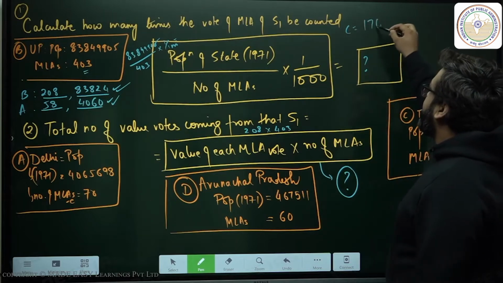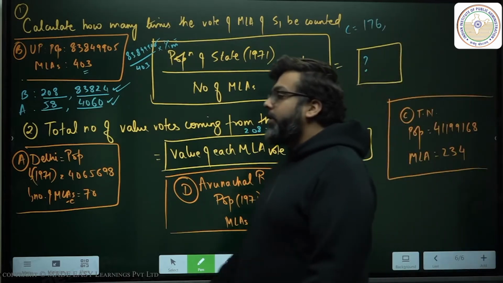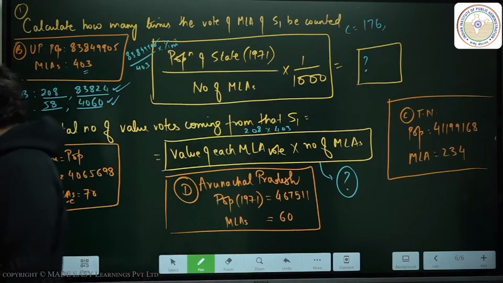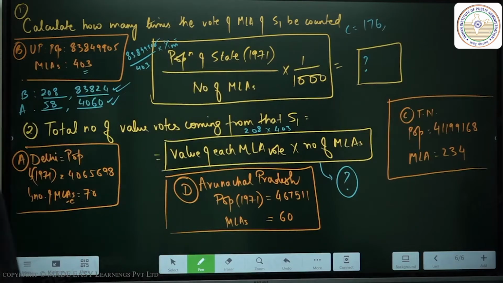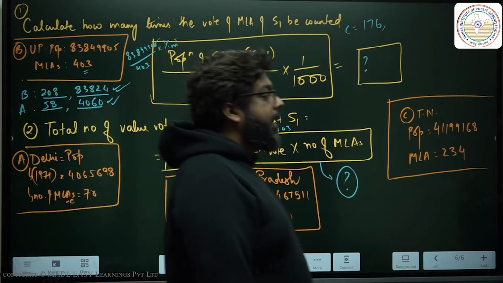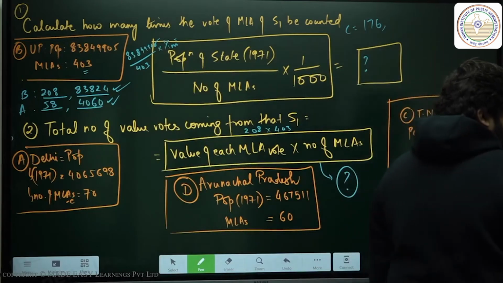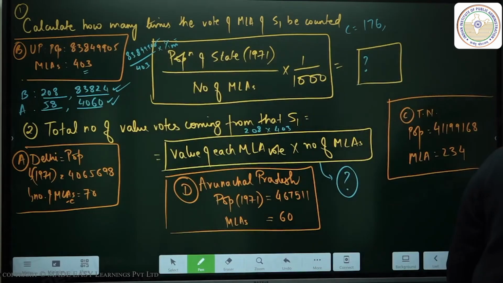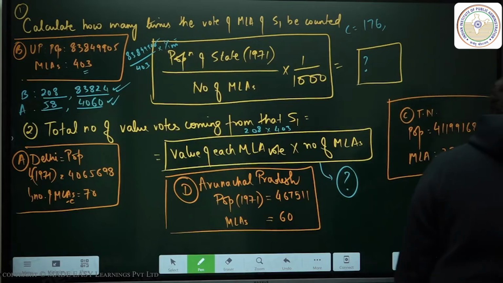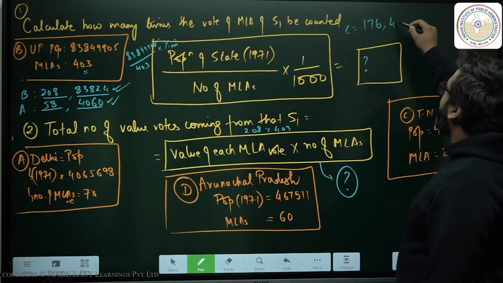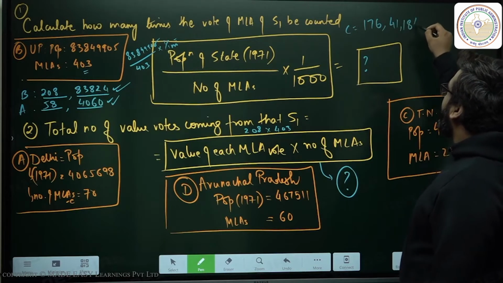Very good. Excellent. And the total number of votes that will come from Tamil Nadu is 41,184.